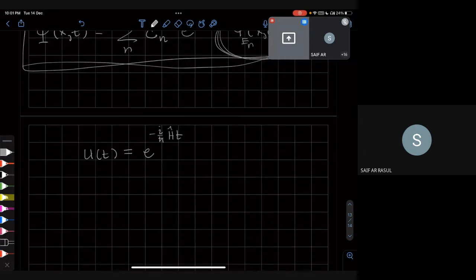Now see that if I have, say, H squared, and I take its Hermitian conjugate, then I get H squared. Why is that?